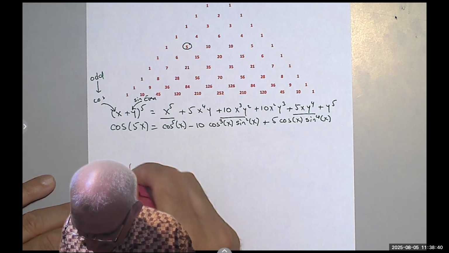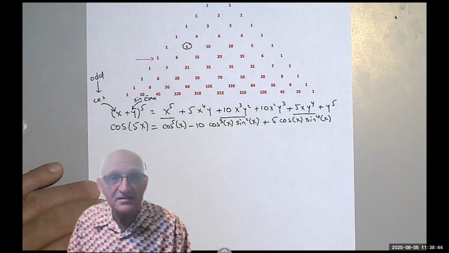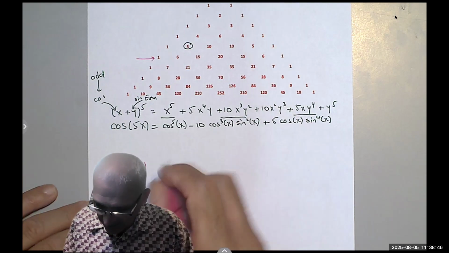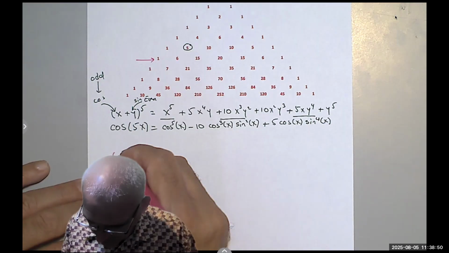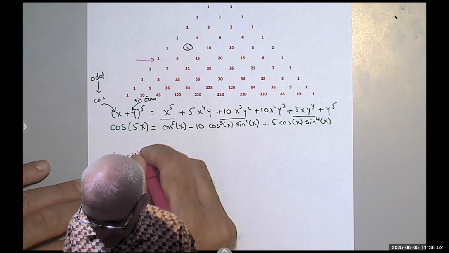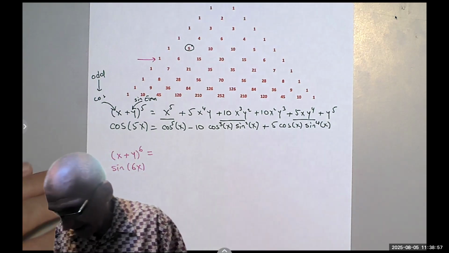Sine of 6x. 6x meaning I go to the row of sixes, right? Until I get familiar with it, you can do the x plus y to the sixth power first, okay?